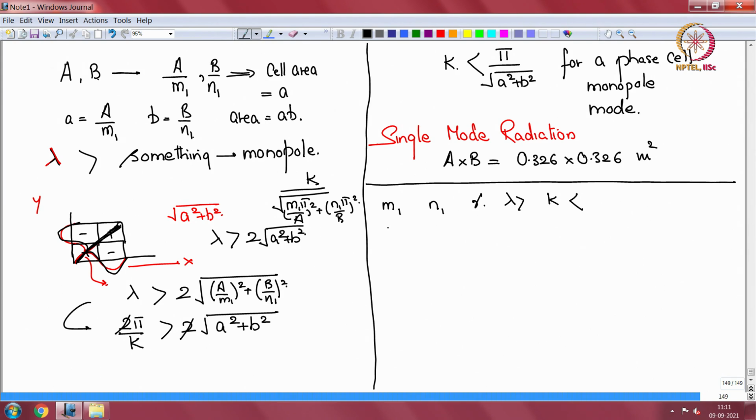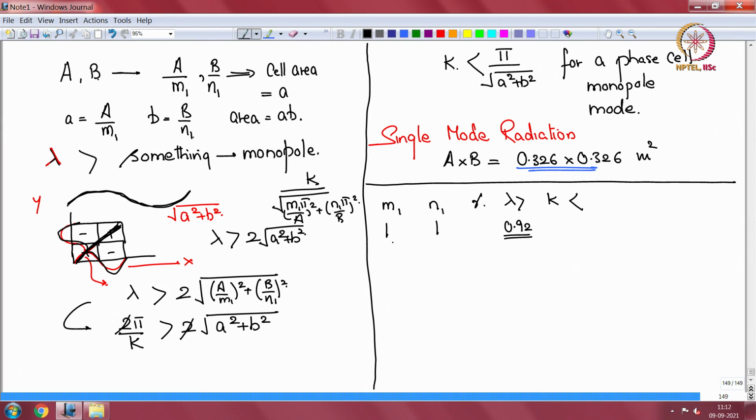Okay. So if we look at the 1-1 mode for this particular panel, in air, we will find that lambda has to be greater than 0.92 meters. Okay, if lambda is bigger than that many meters, then a single cell will be a monopole.